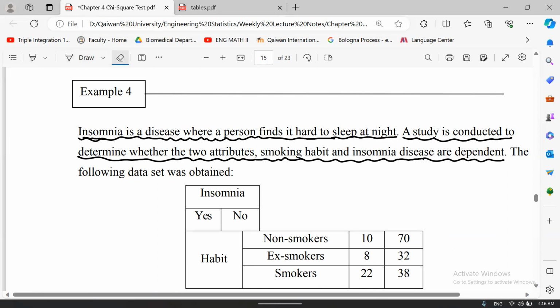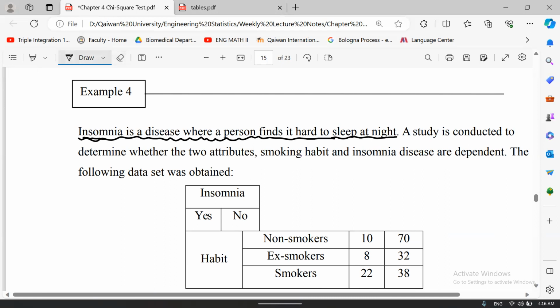A study was conducted to determine whether the two attributes, smoking habit and insomnia disease, are dependent or independent, meaning whether they depend on each other or not.